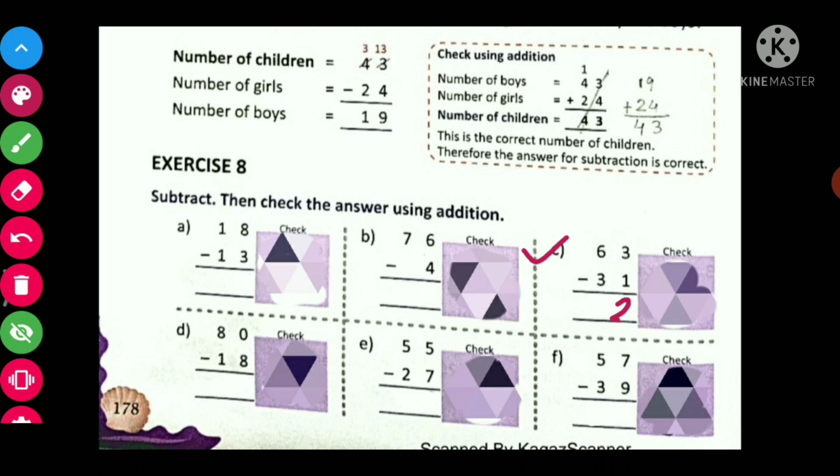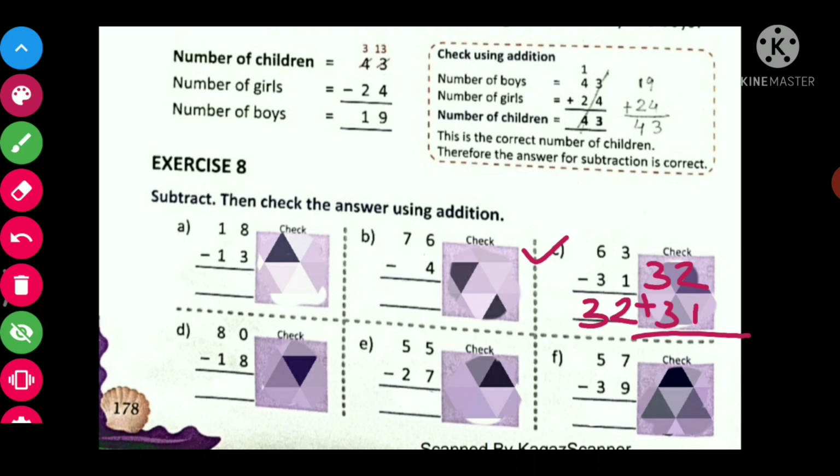2. 6 minus 3, it will be how much? 3, right? So now I will write 32 and I will add 32 with 31 because 31 is the smallest one.